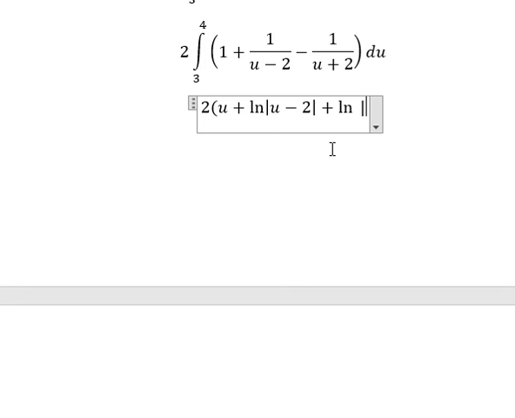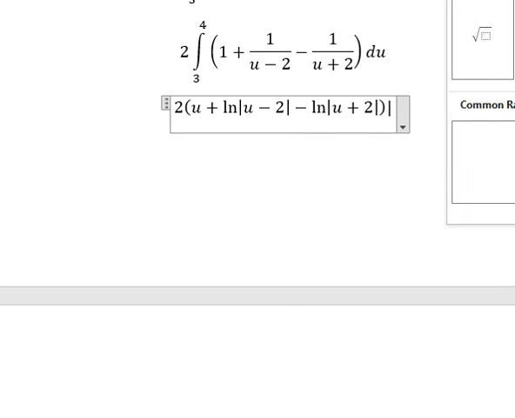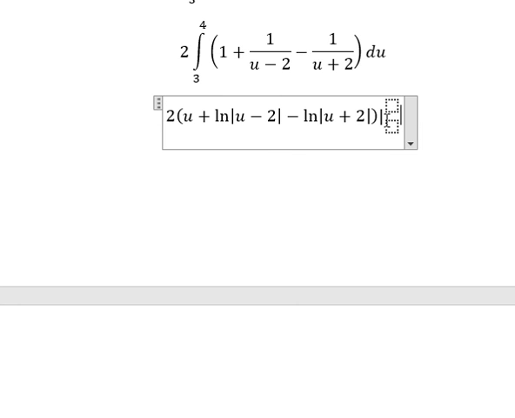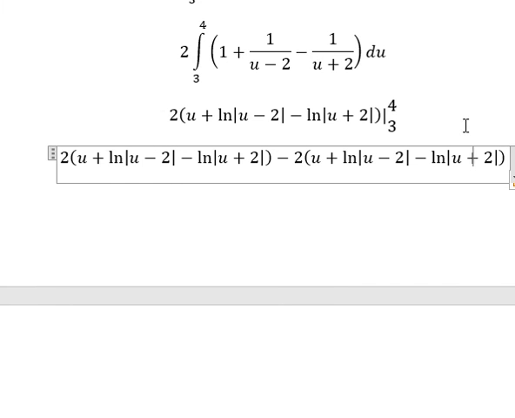And the last one, and now we put the bounds from 3 to 4. And now we have the final answer.